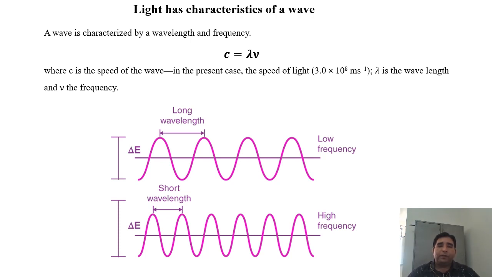Firstly, we should see the properties of light and how the energy is packed in the light. We know that light has the characteristics of a wave as well as particles. Light behaves as a wave, and a wave has two main properties: one is wavelength, another is frequency.